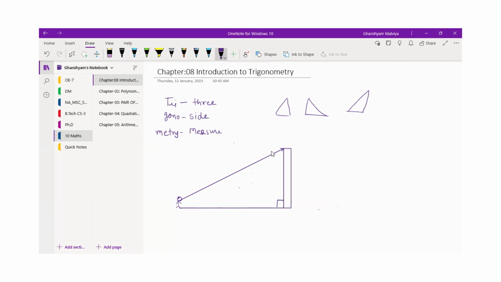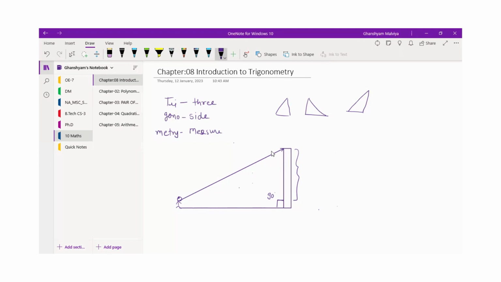We also assume the tower is standing vertically, so it creates a 90 degree angle. Without using any tool to measure, we can find the height of the tower using trigonometry.